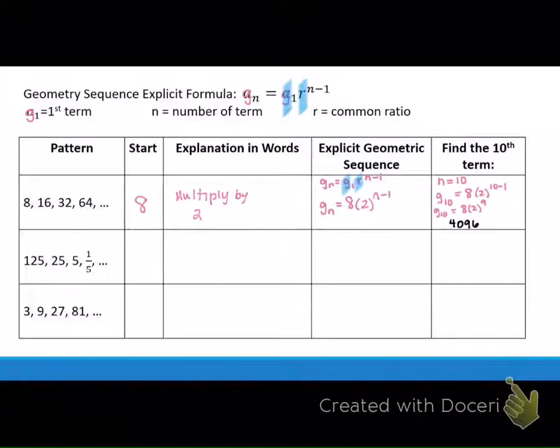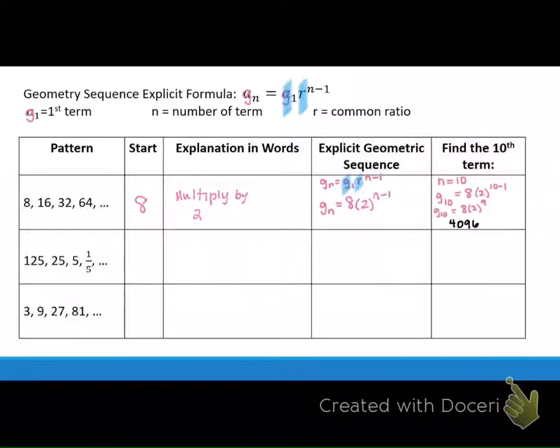So you do 2 to the 9th, not to the 10th, and then multiply it by the first term. Is the base 2? Yeah.